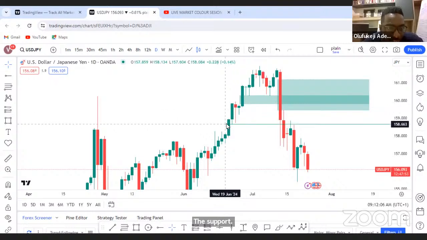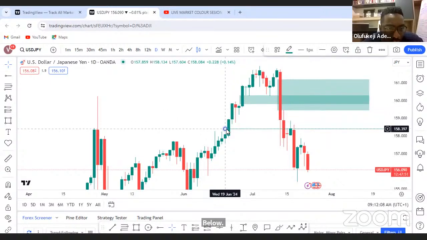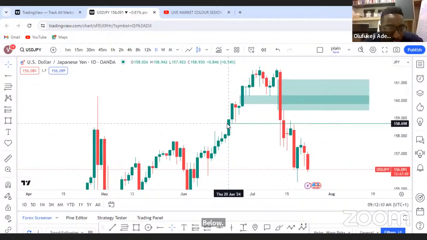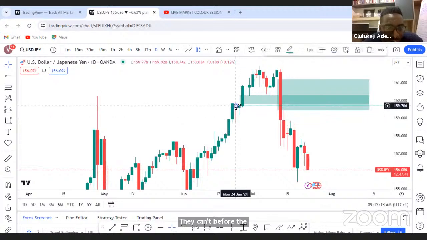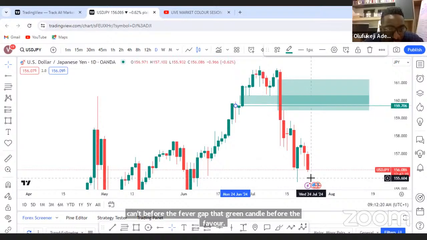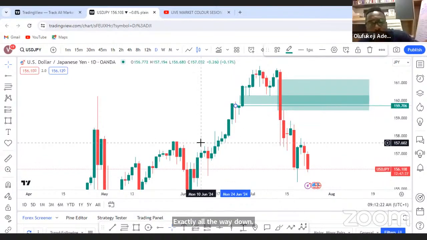You can take it back up. The candle before the fair value gap, that green candle before the fair value gap. Exactly. All the way down. So you can see that whole region is a flip zone. How is it a flip zone?